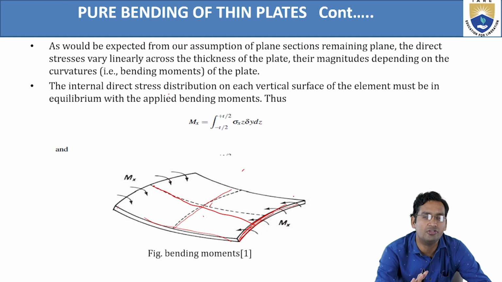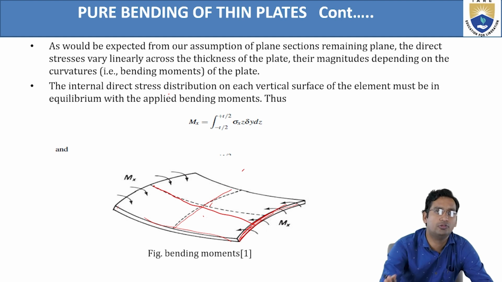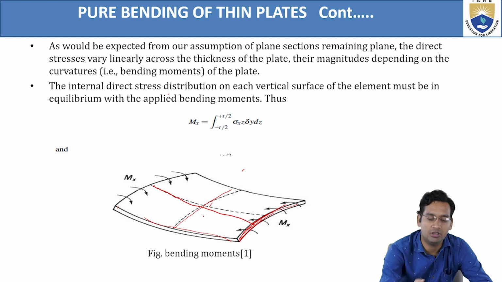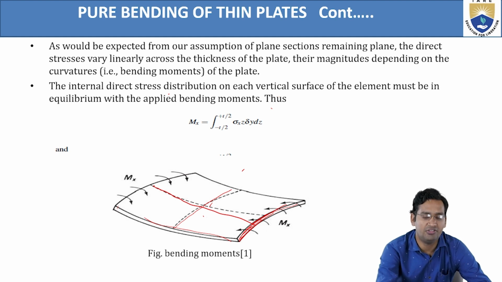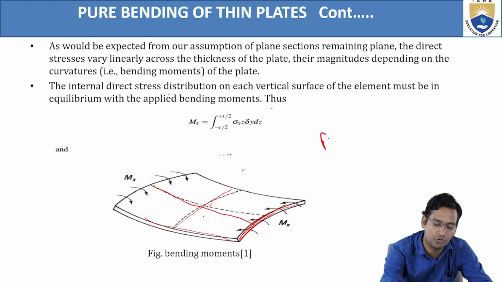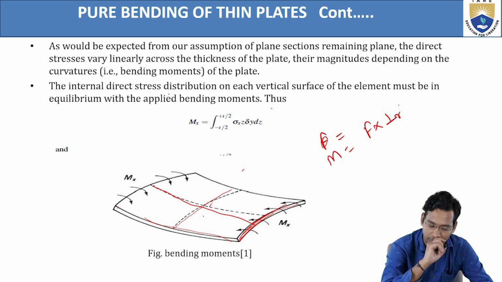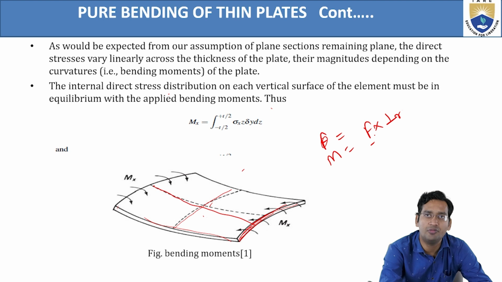If any surface is not in equilibrium, it will move out or flow off. So for that, it should be in equilibrium. Now we have to find the moment. Moment is force into perpendicular distance. So first find the force, in terms of stress.